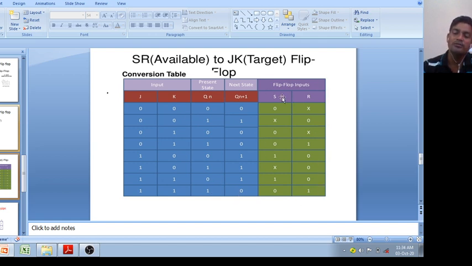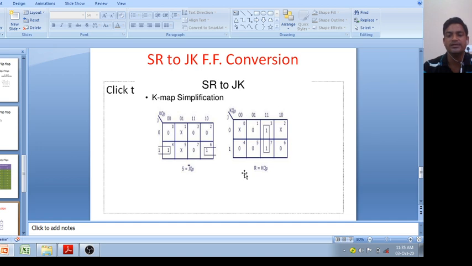Now solve S and R. You have to determine the value of S and R, which will be the equation of J, K and Qn. Now with the help of this K-map you will solve.